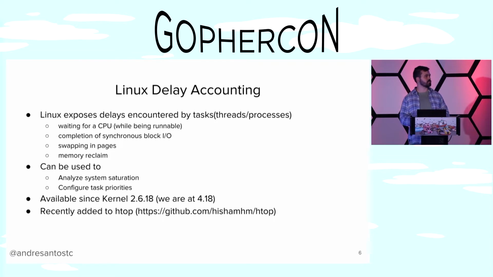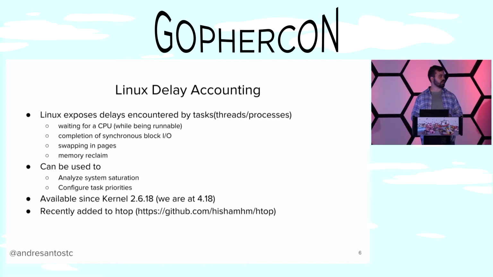If I know that an important process may be experiencing higher delays, maybe I should configure its task priority to a higher level so it doesn't experience those delays. And as I said, this feature has been available for a long time in the Linux kernel, since 2.6, and was recently added to HTOP, so you can use HTOP to monitor these delays.